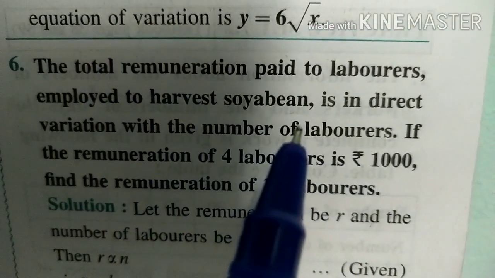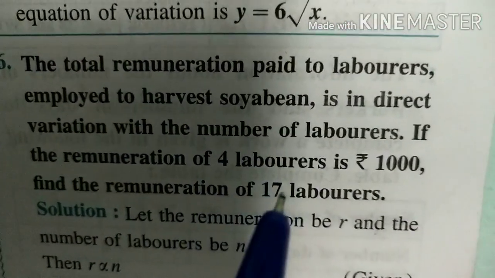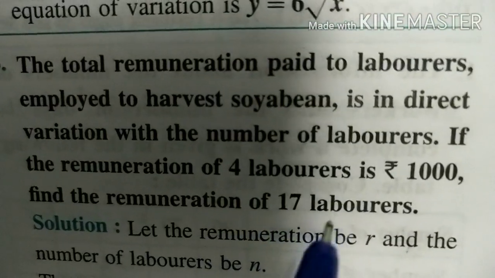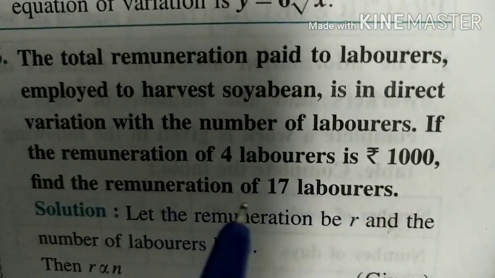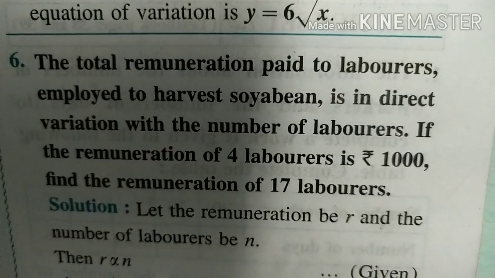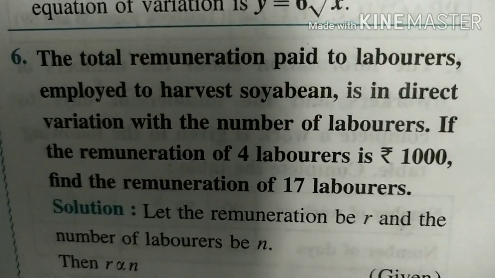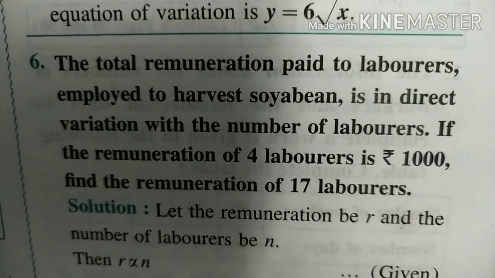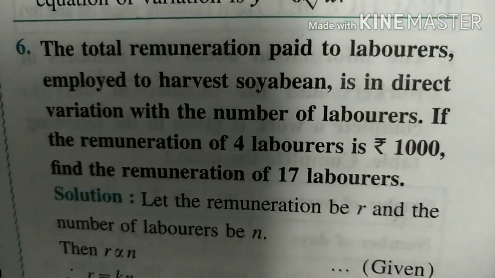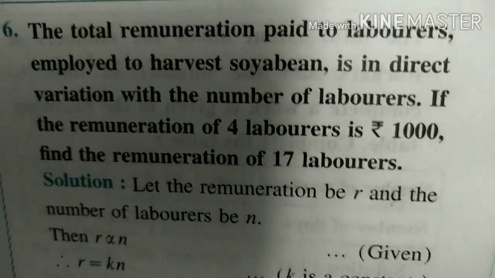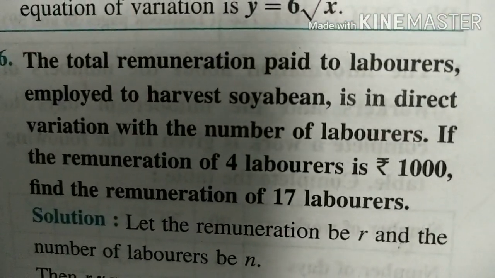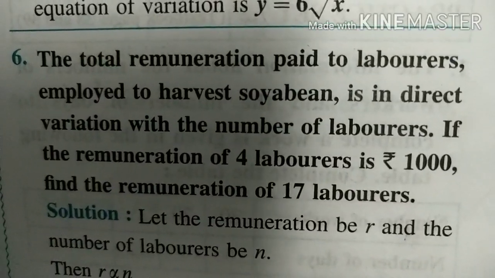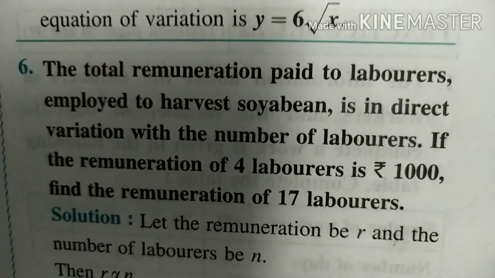Here they haven't given the letters, so you will have to take the letters on your own and then solve. So what letters will you take? The total remuneration. Remuneration is a kind of payment done to the laborers. For the number of hours they are working, how much money they are paid. So that will come as the total remuneration.